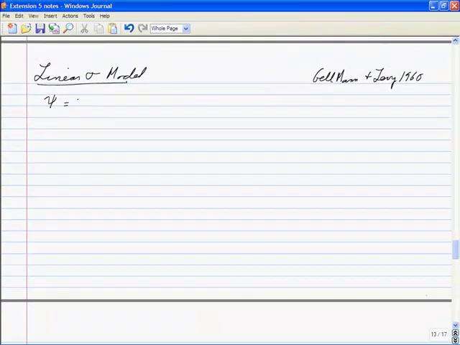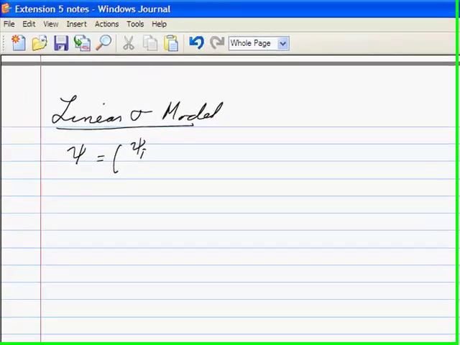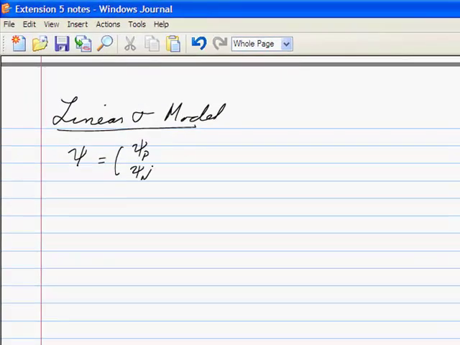So let me just write out what it is. It's like our nucleon example where we talk about a doublet field which will give charges psi_n and psi_p.